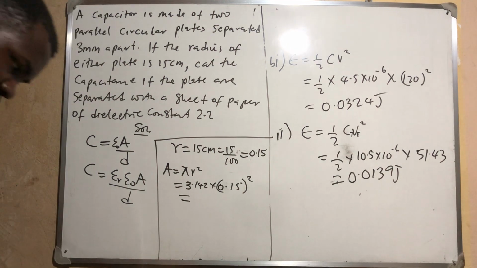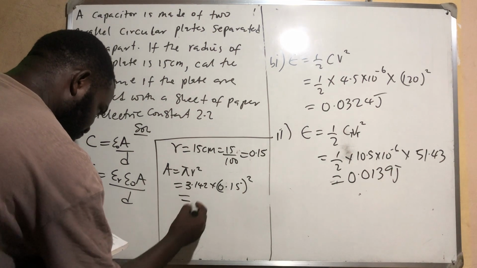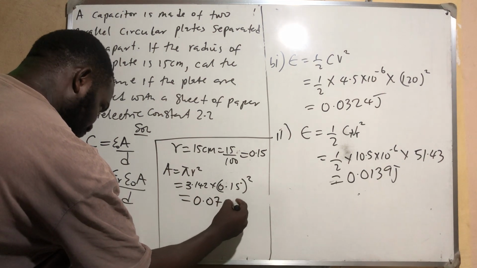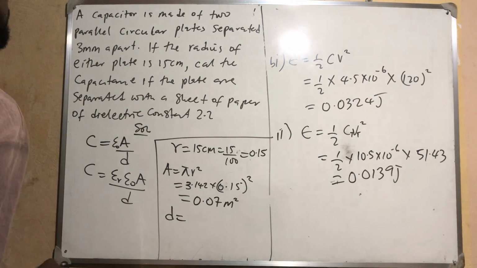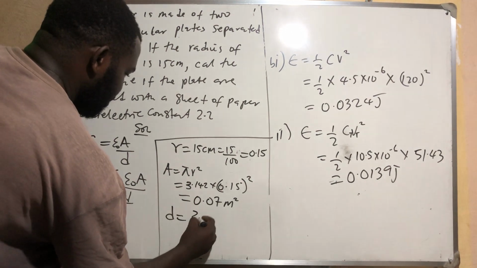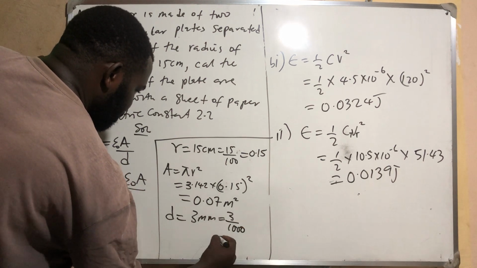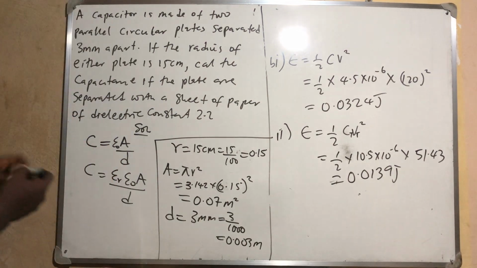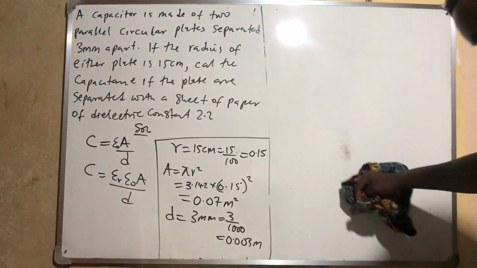So the area will give me 0.07 meters squared. And then the distance they gave me is 3 millimeter, which is 3 divided by 1000, which is 0.003 in meters.